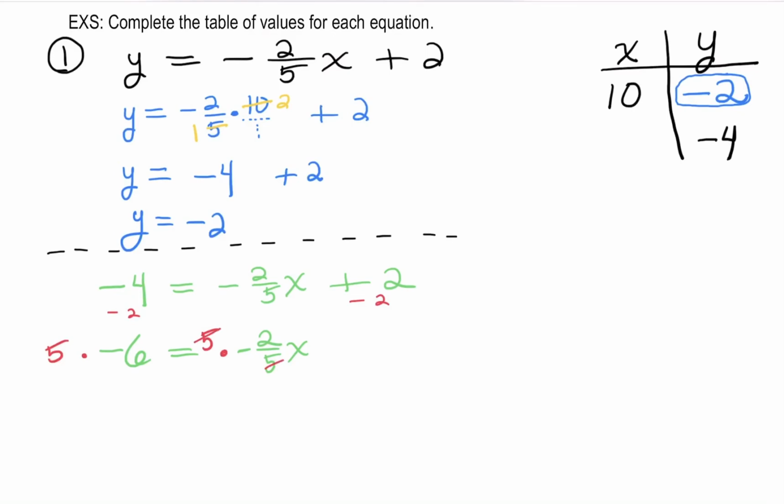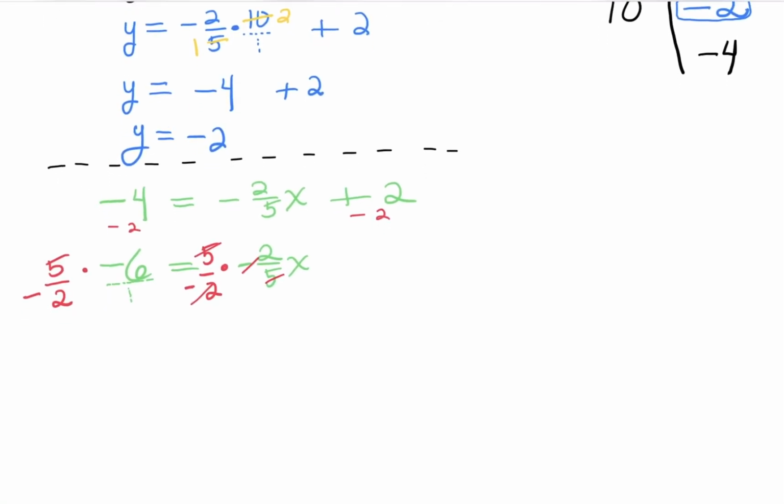And then the second step, you could divide by that -2, and that would end up reducing the -2's. But in essence, the one-step approach is that you're multiplying both sides by the reciprocal. So you're multiplying both sides by -5/2. So now we end up with x equaling -30 over -2, which is +15.